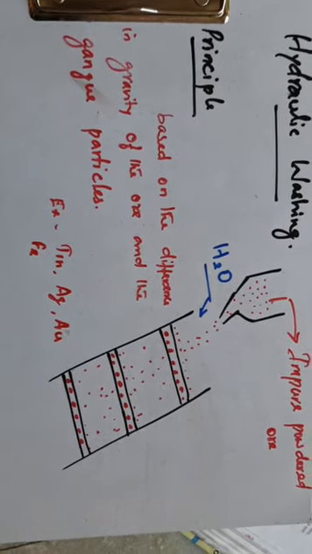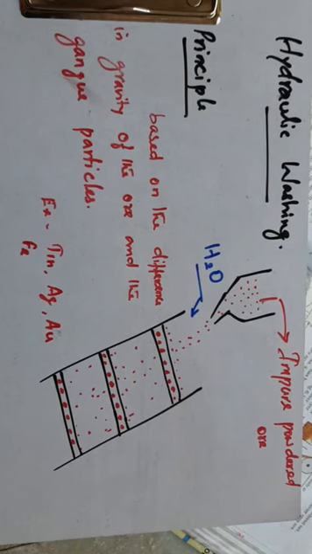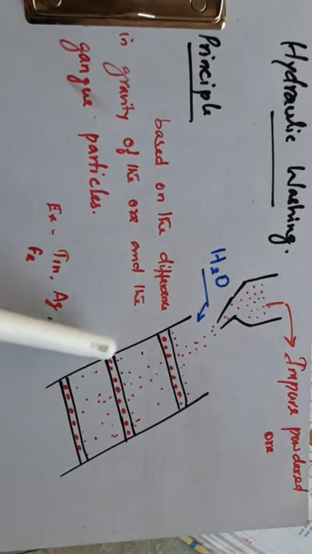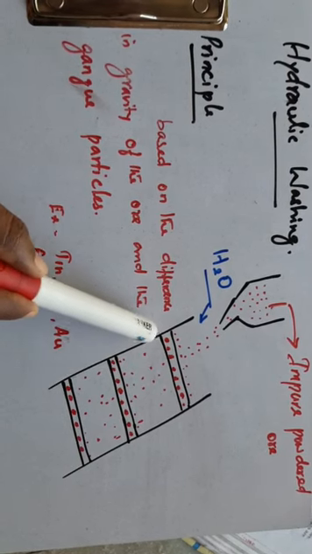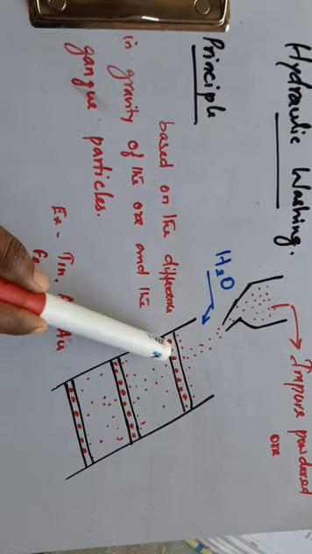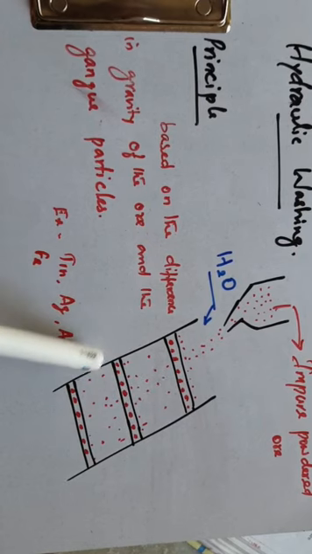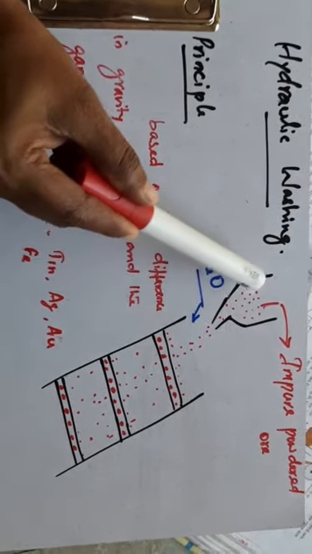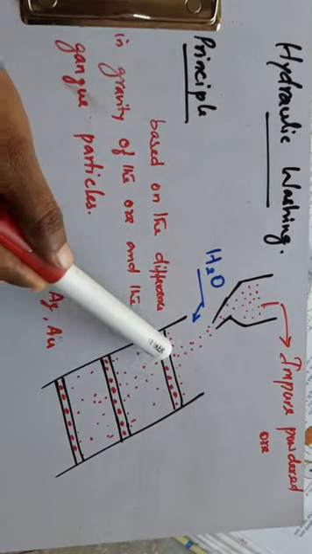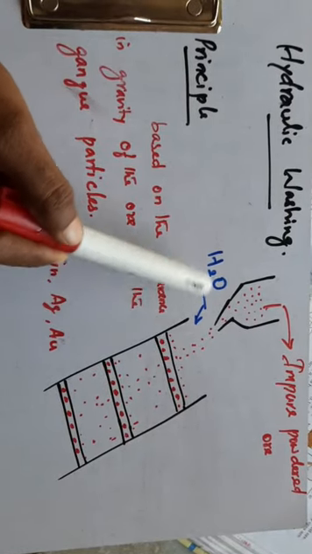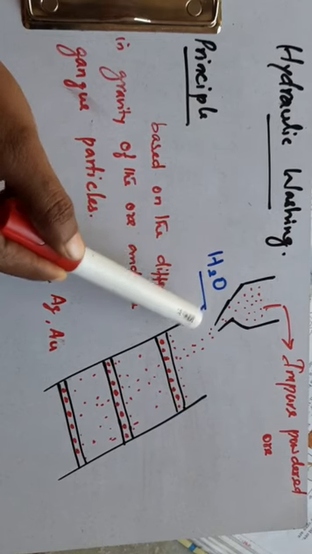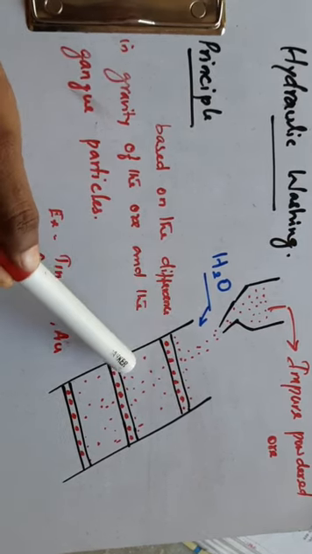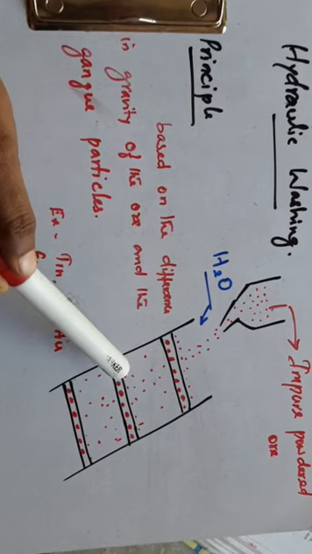Using hydraulic washing. Here you see the Wilfley plate. This Wilfley plate is sloping and contains grooves. The powdered impure ore is fed on this plate, and at the same time a current of running water is applied, mixed with the impure ore.